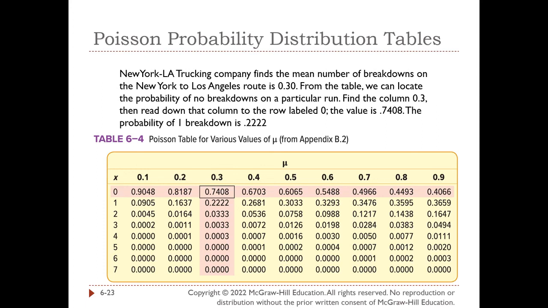So, New York LA Trucking Company finds that the mean number of breakdowns on the New York to Los Angeles route is 0.3. From the table, we can locate the probability of no breakdowns, 0, on a particular run. Find the column 0.3, and then, of course, subtract. We're going to end up finding that the probability of breakdowns is 0.222.